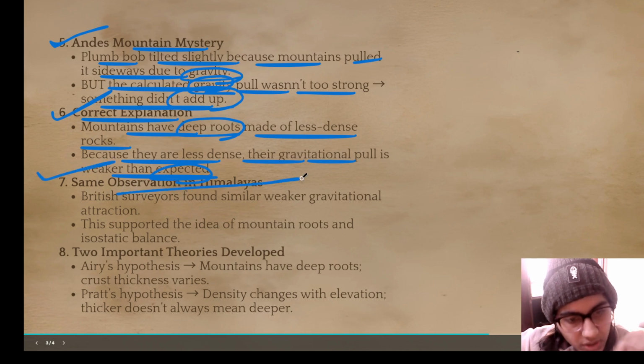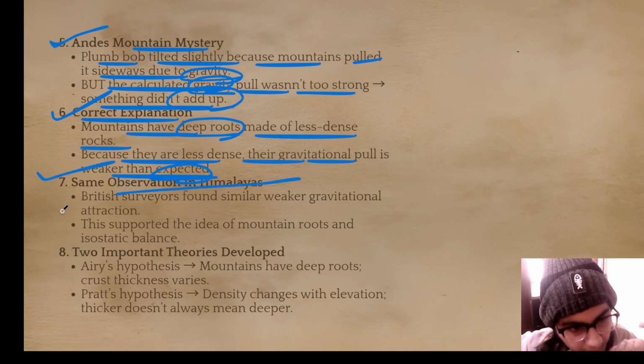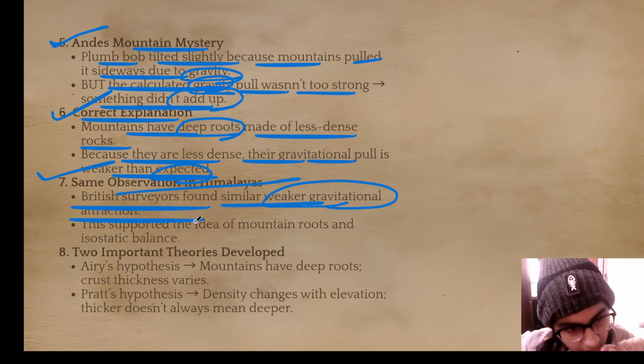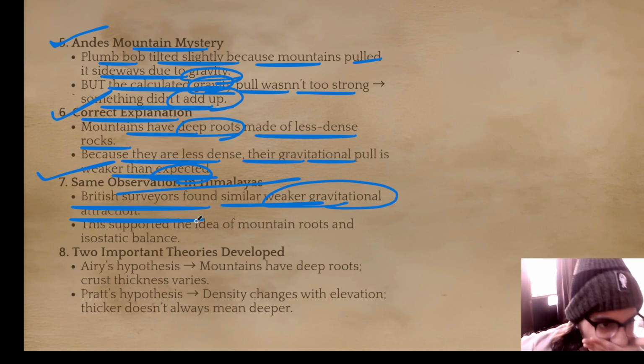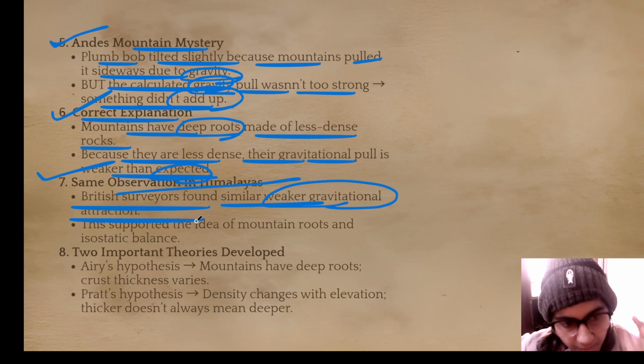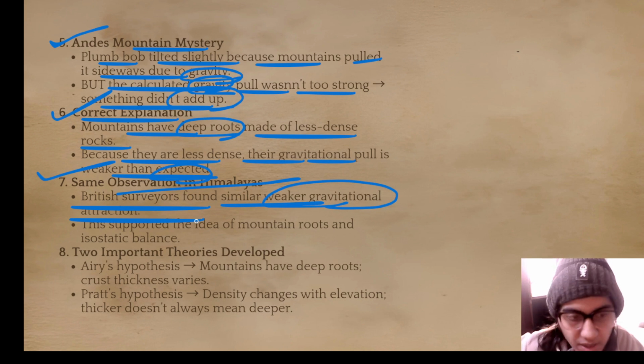Same observation in the Himalayas. British surveyors found similar weaker gravitational attraction in the Himalayas. So this is the Andes mountain.